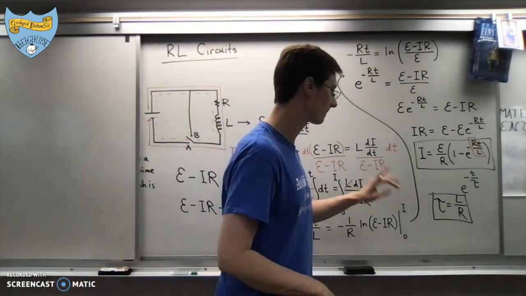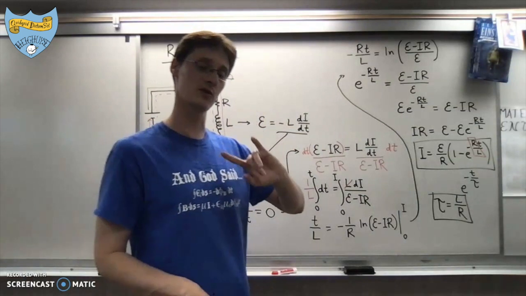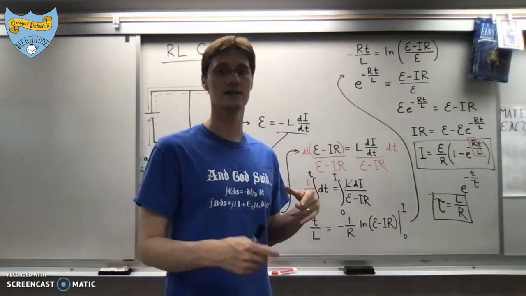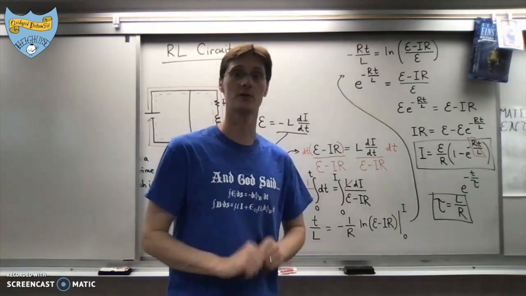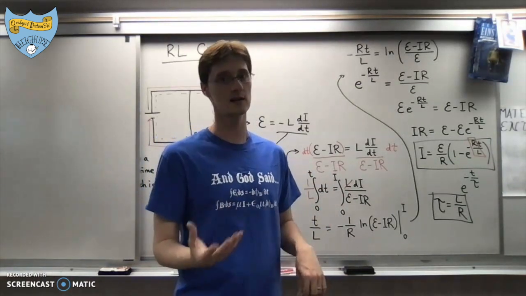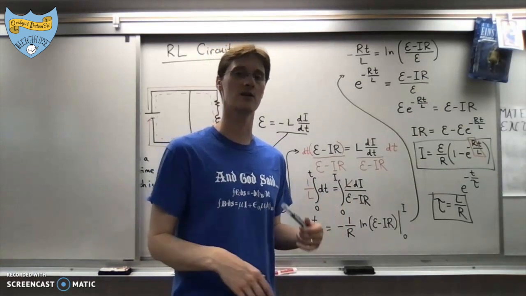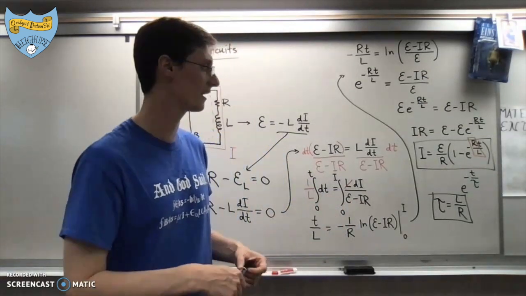If we're moving the switch to position B, then the derivation looks a little bit different. So now we're going to move the switch to position B. Again, you can pause the video and see what you think about the derivation.